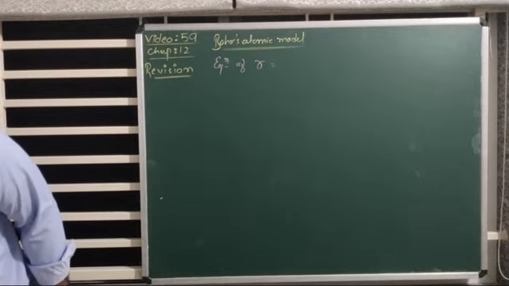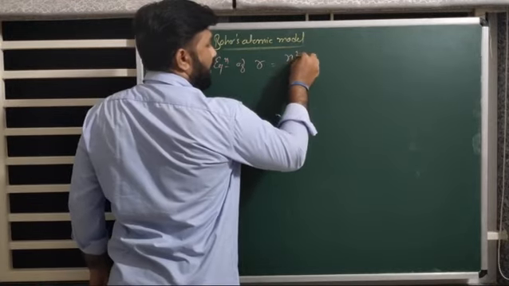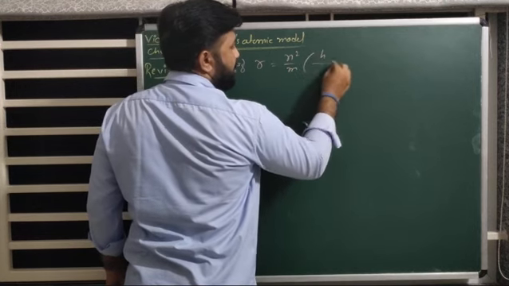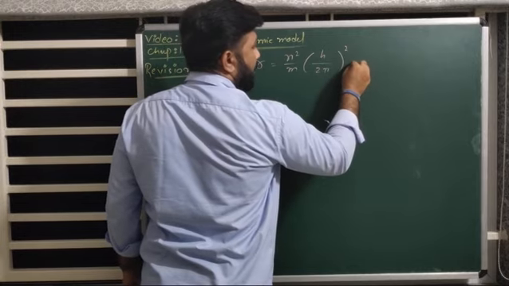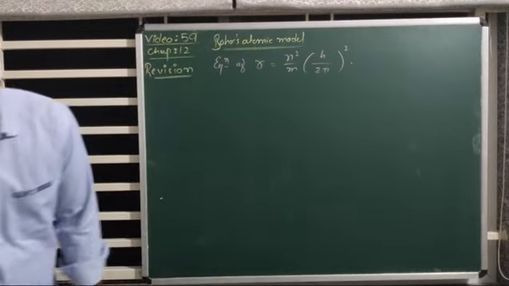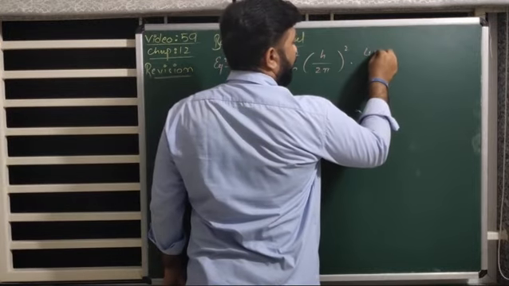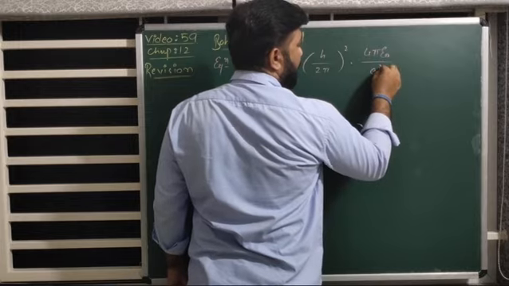The equation was like this: r = n squared times h upon 2 pi squared, multiplied by 4 pi epsilon 0 upon m e squared.